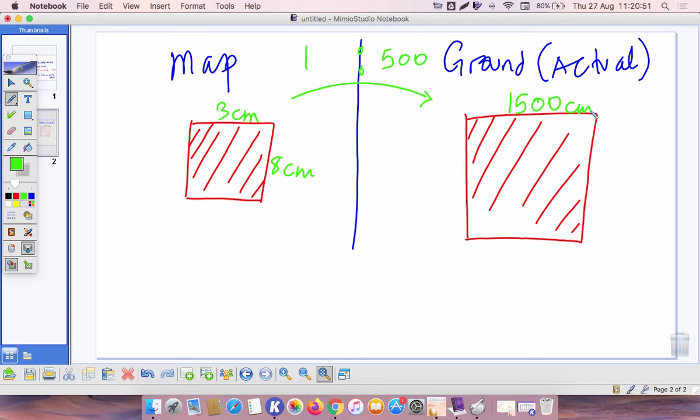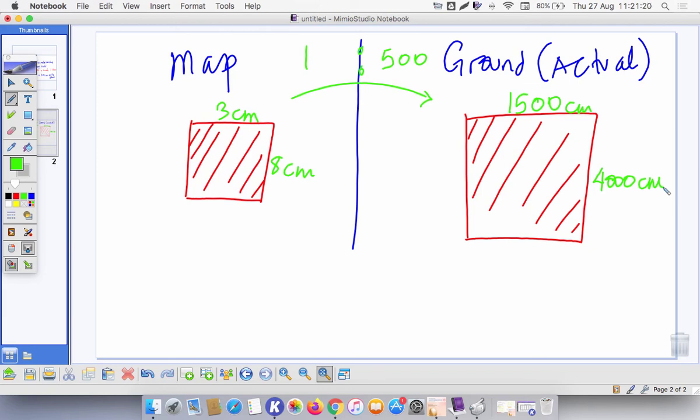And the length, which is 8 centimeters on the map, would be 4,000 centimeters on the ground. Well, this would be a very small field, but anyway, for purposes of learning. Those are the dimensions of the field on the map and then on the ground.